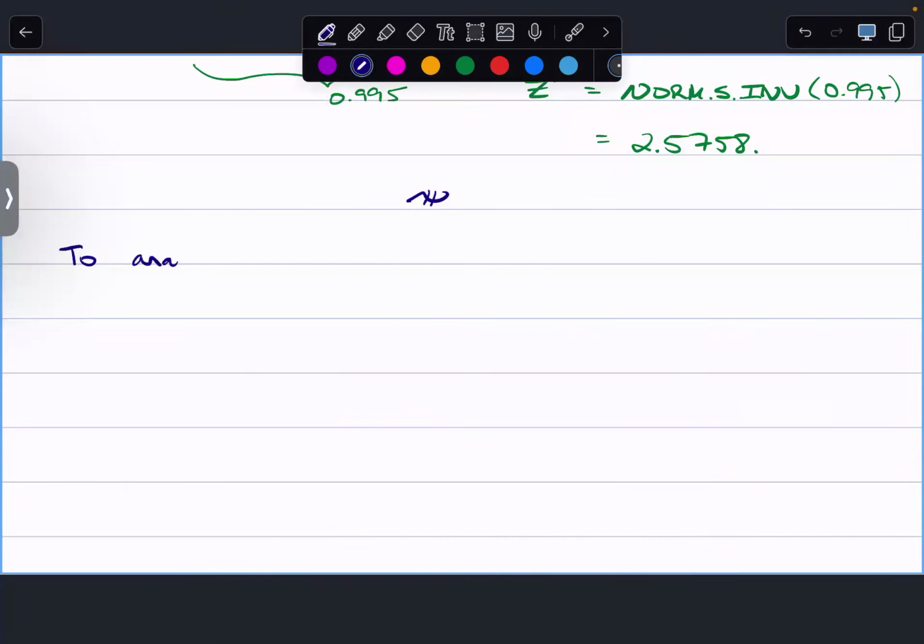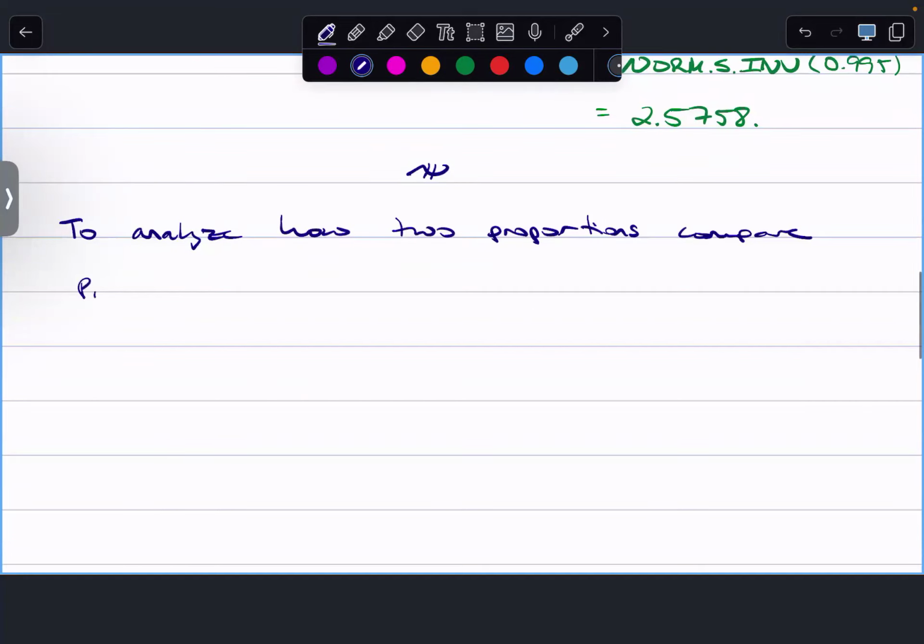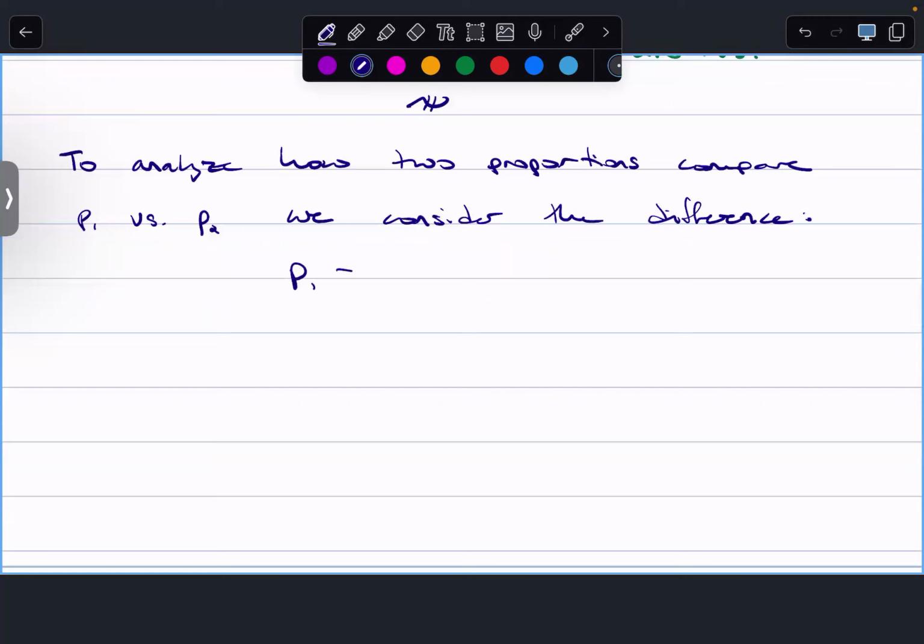So to analyze how two proportions compare, P1 versus P2, we consider the difference. Right, P1 minus P2.